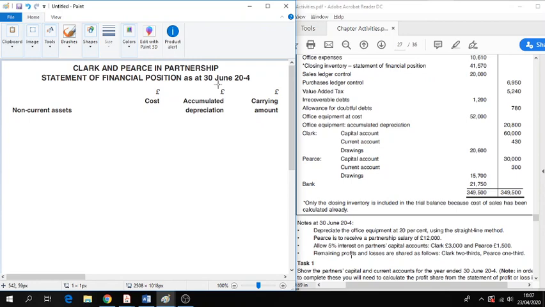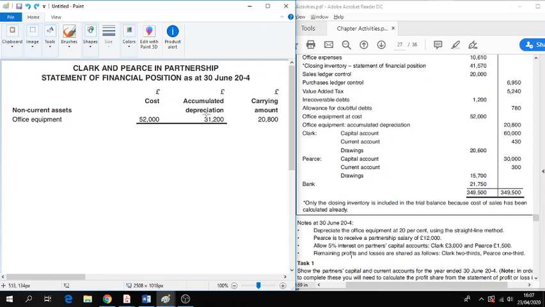Okay, so first section is non-current assets, which we have only one from what I can see. Office equipment at cost, we've got depreciation. 52 is our cost.